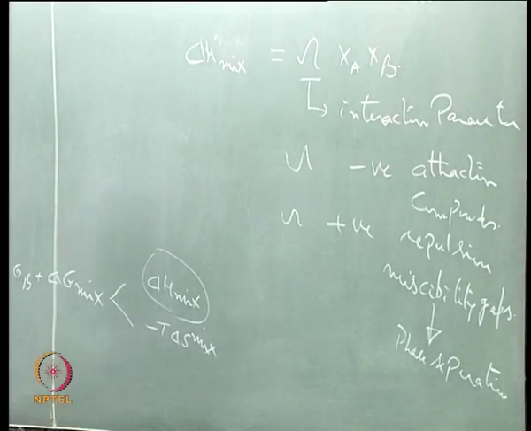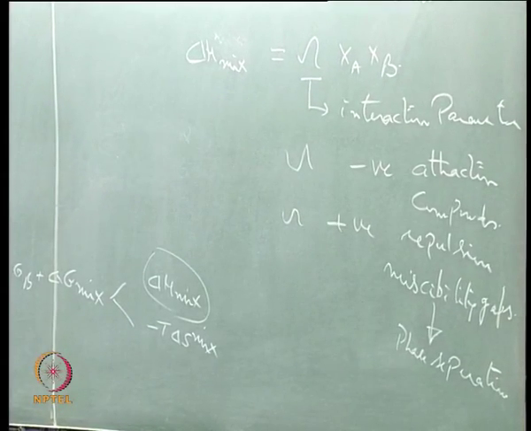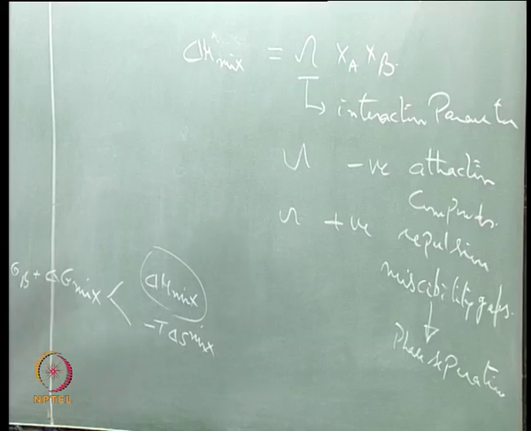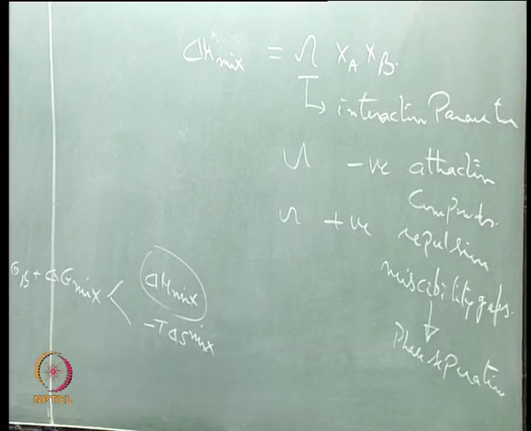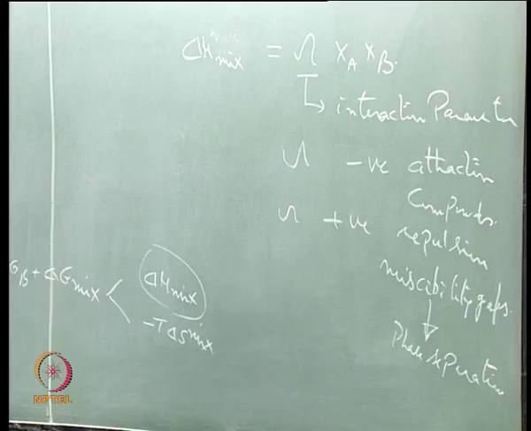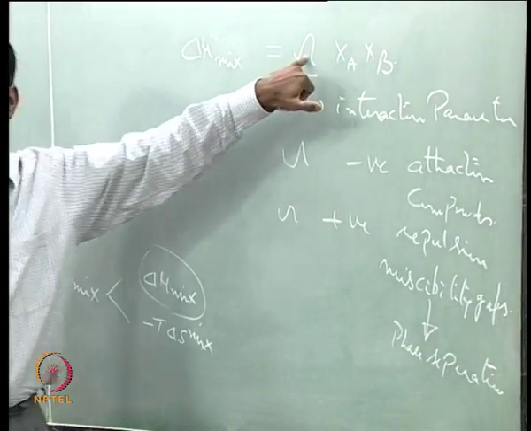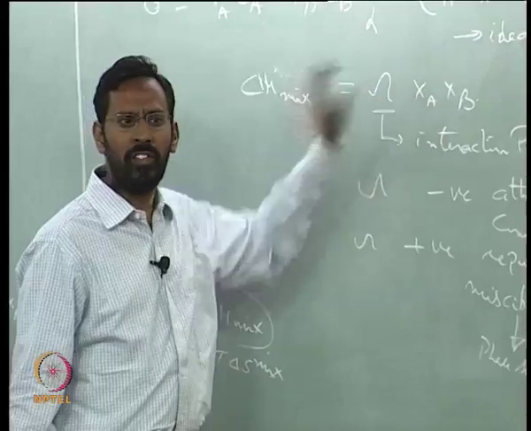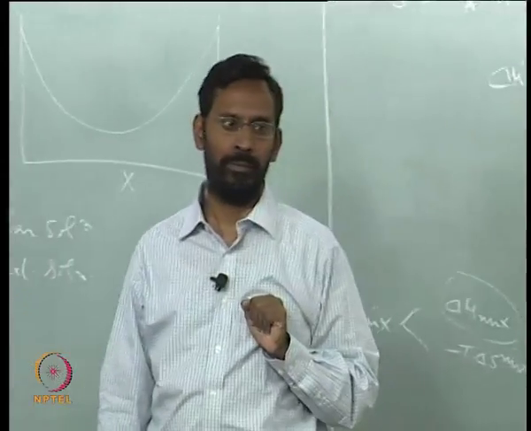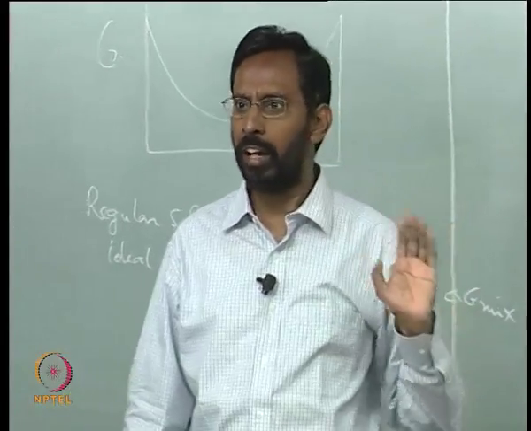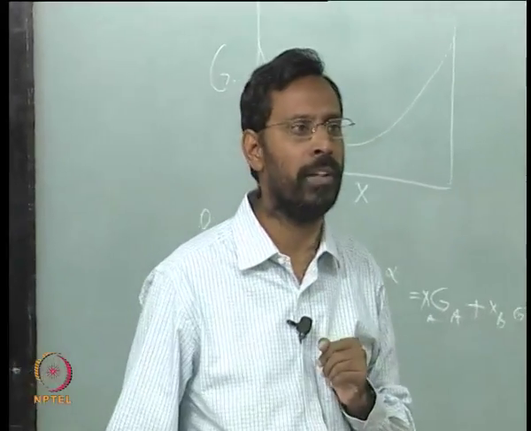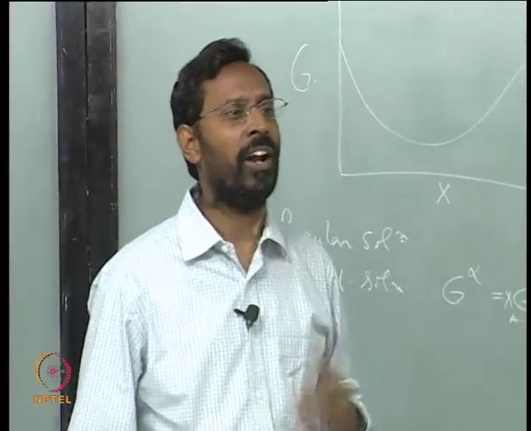Now, as possibly we have touched upon in the last class, this cannot always be true. What I have done here is assume that the interaction parameter is the same throughout the phase diagram, from one end to the other, which is actually not always true.